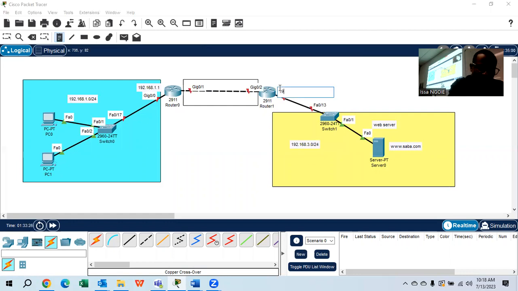Then it's going to be 192.168.3.1. From the server, it's going to be 192.168.3.2. This PC 192.168.1.2. This one 192.168.1.3.